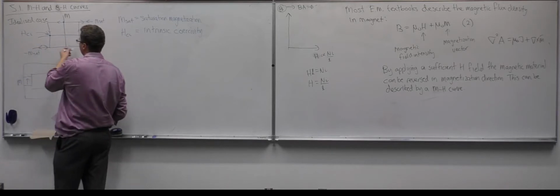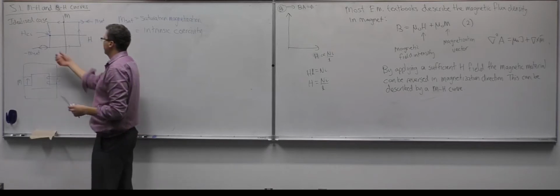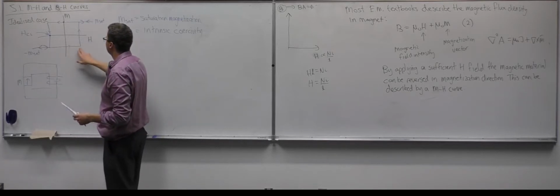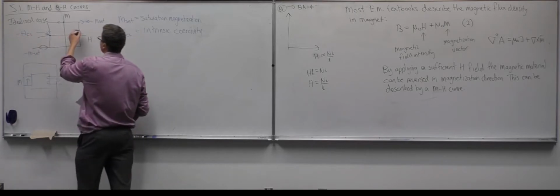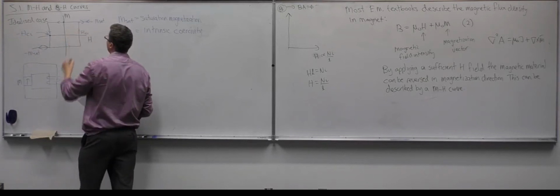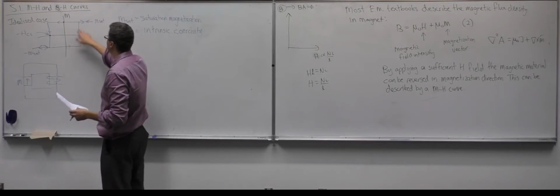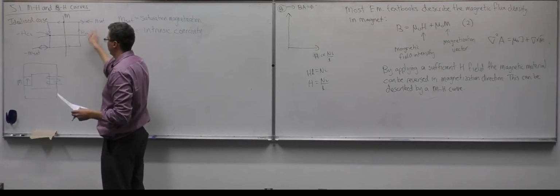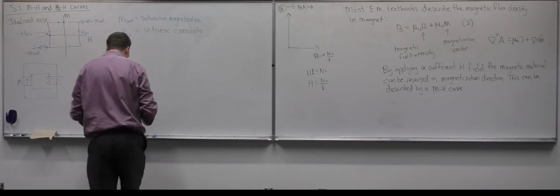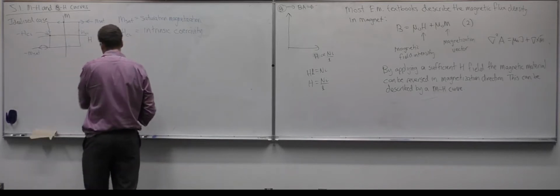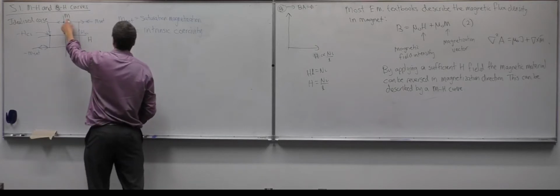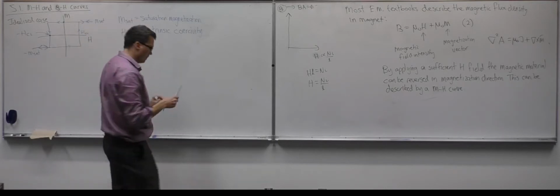And then if we apply a field in the opposite direction, when we get to plus HCI, the magnetization direction will flip again. Okay. So that's the M, the magnetization vector.